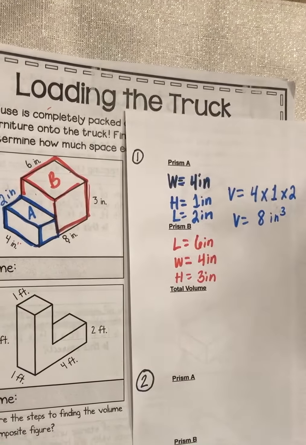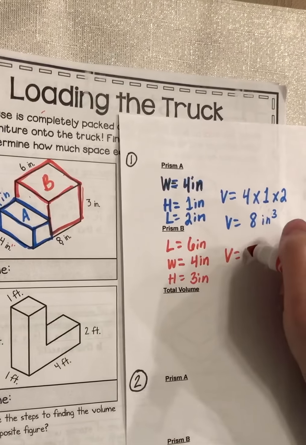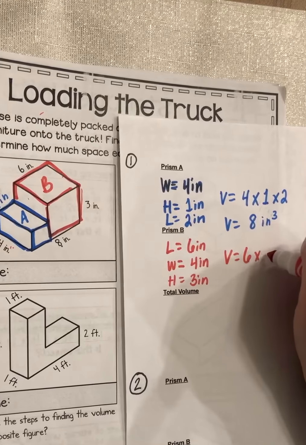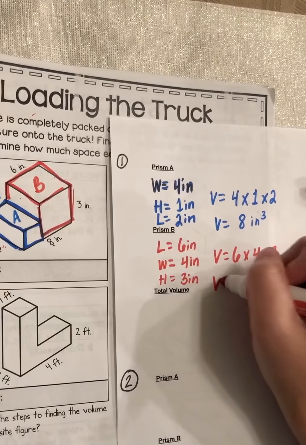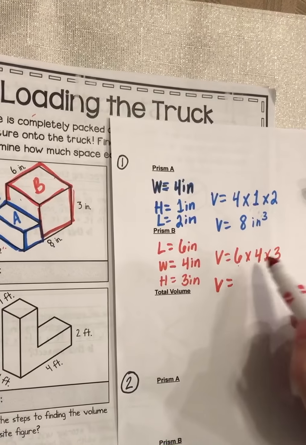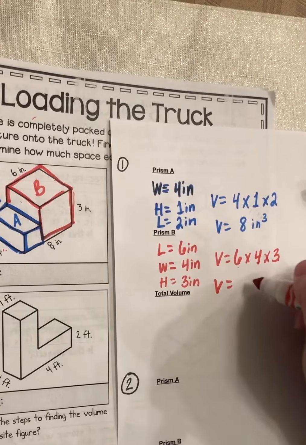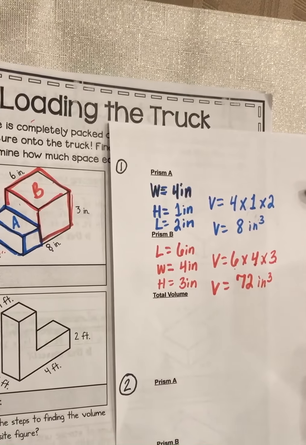Let's go to prism B and find the volume. I have 6 times 4 times 3. So I know 6 times 4 is 24. 24 times 3 is 72 cubic inches.